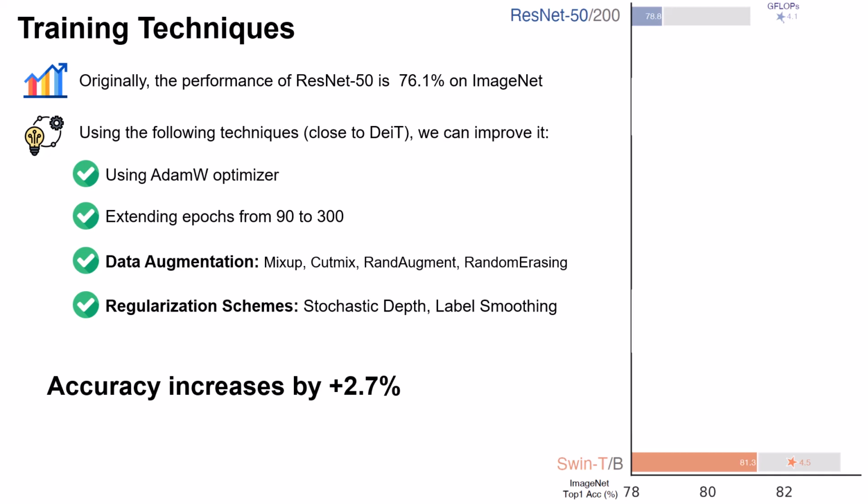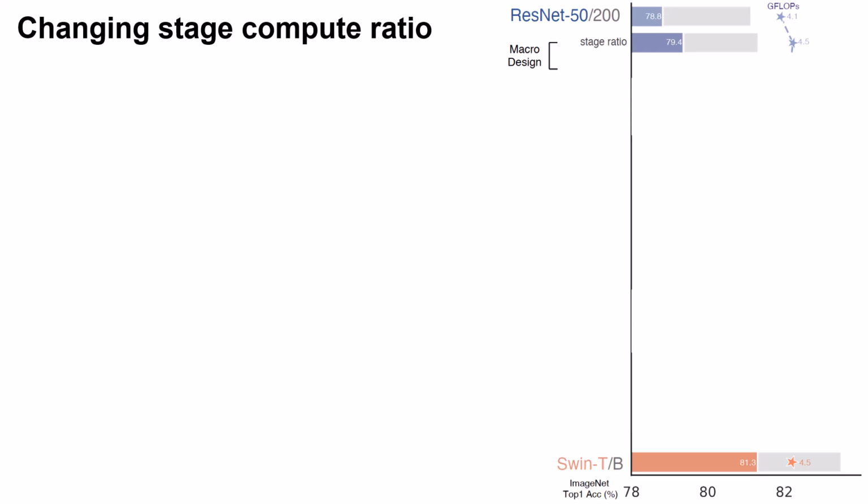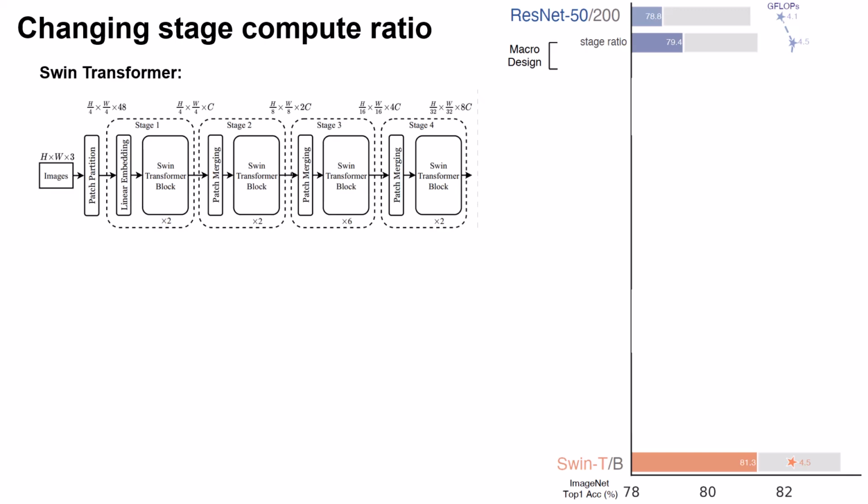But now let's talk about the main modifications that they made to make the ResNet architecture even better than Swin Transformer. The first modification is changing the stage compute ratio. When we look at the original Swin Transformer architecture, we can see this.